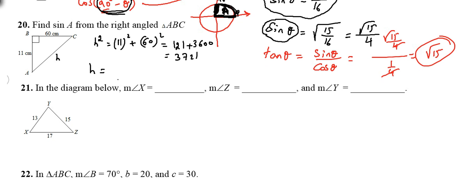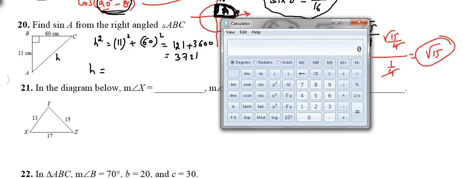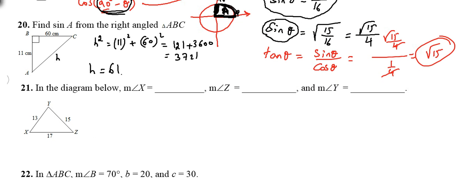So how much is H? What is the radical of 3,721? Radical is 61. So H is 61. We need to find sine A. Sine of angle A, again, is opposite over hypotenuse.